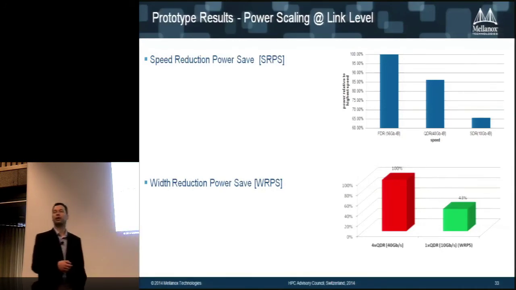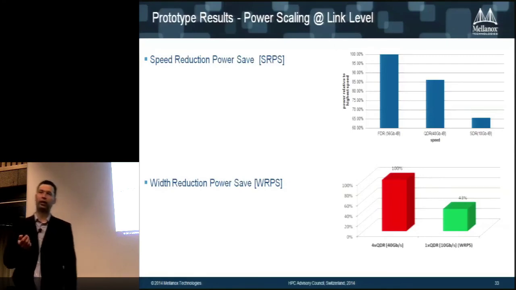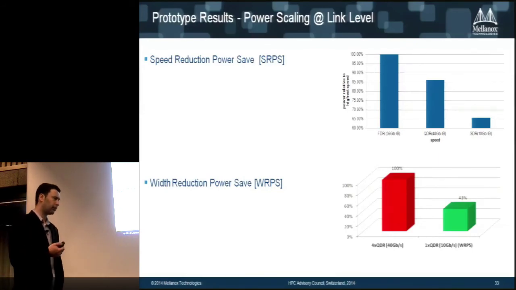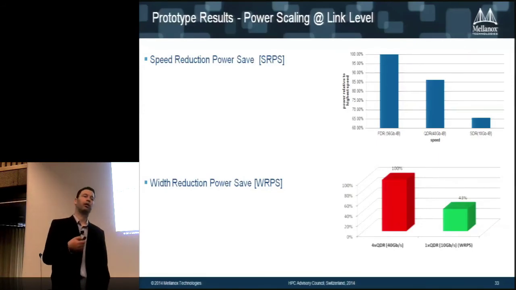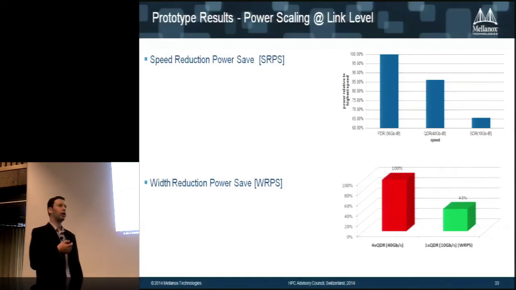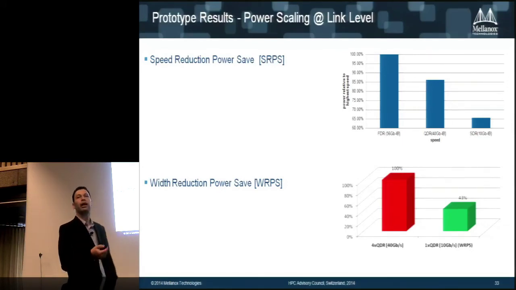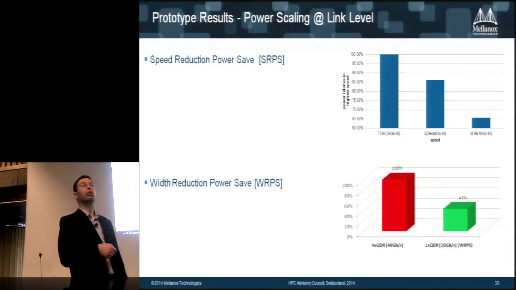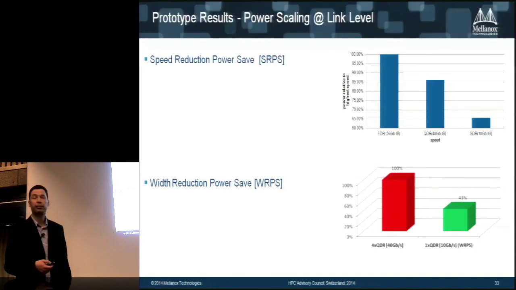So those are just examples, and the idea is that you can do that dynamically. If you look at width reduction and speed reduction, what you can basically do is, if you see that there is no traffic, you reduce the width, and if it's light traffic, that's fine. If you see that things start to pile up, then you take the link back to full speed.